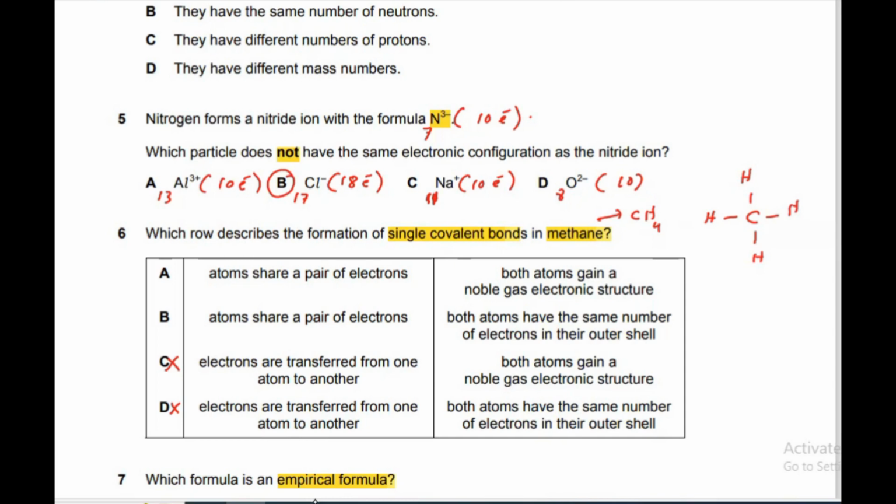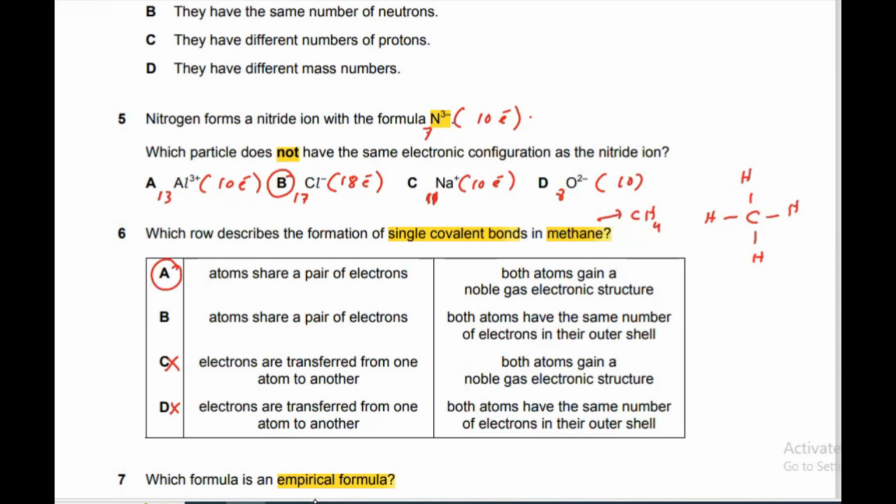Now, both atoms gain a noble gas electronic structure, or both atoms have the same number of electrons in their outermost shell. The purpose of the bonding is that both atoms must gain a noble gas electronic structure. So this is the appropriate answer.